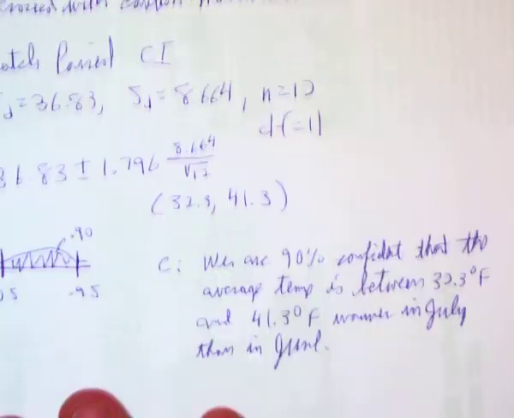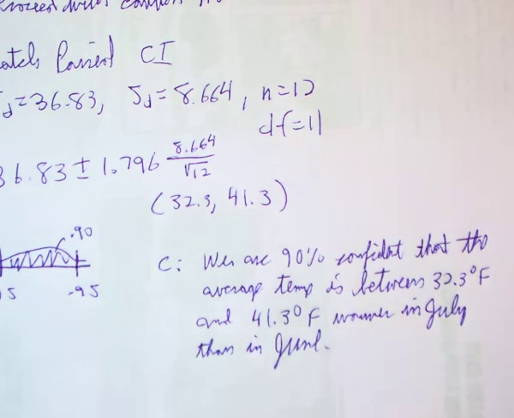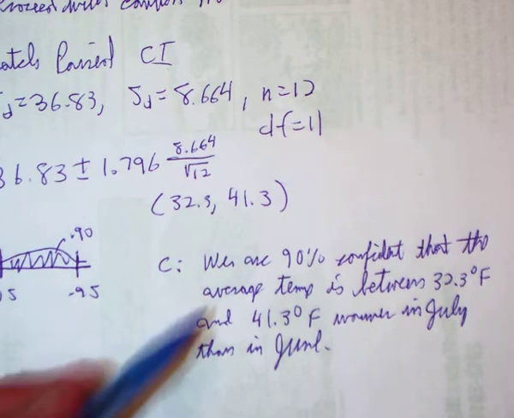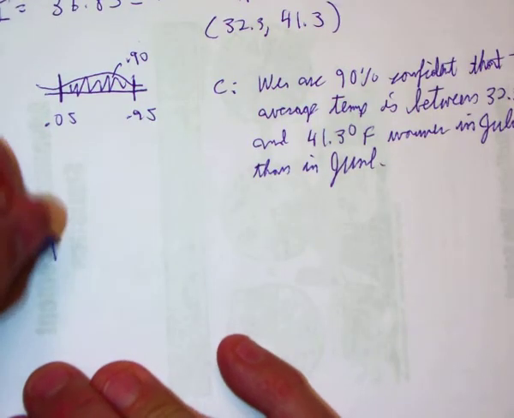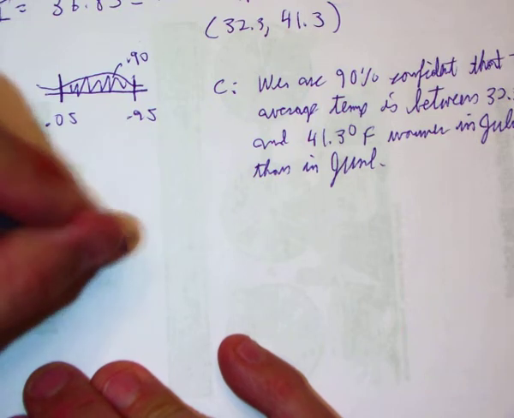Okay, so it appears that we're looking at these European cities. So, well, what does that mean? Well, it looks like it's warmer in Europe in the summer than it is in the winter. Surprise, surprise. Now, again, we did a 90% confidence interval. So if I was doing a hypothesis test, my null would be this.